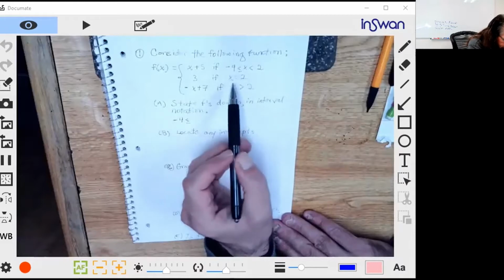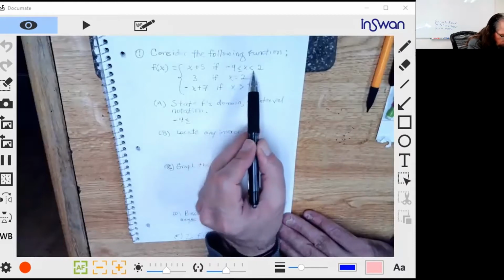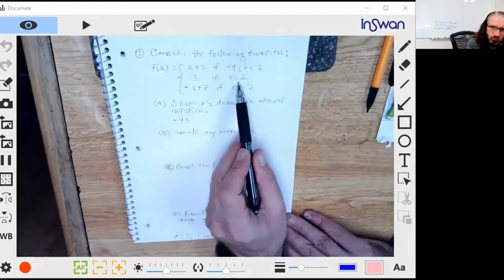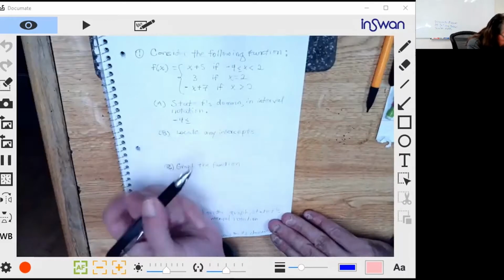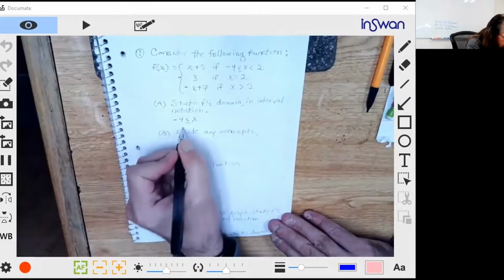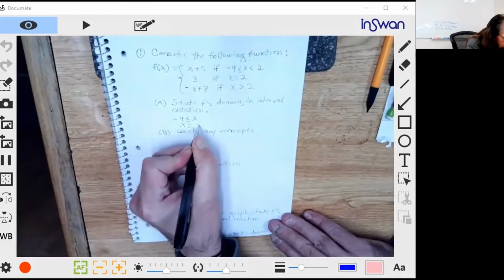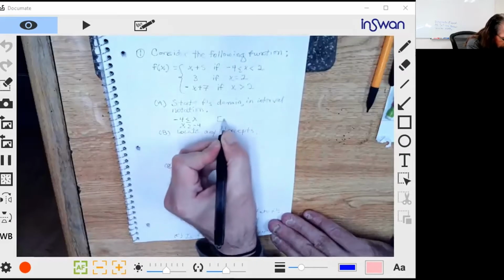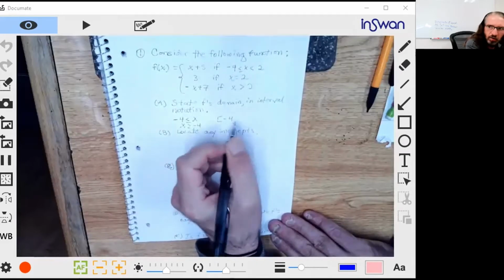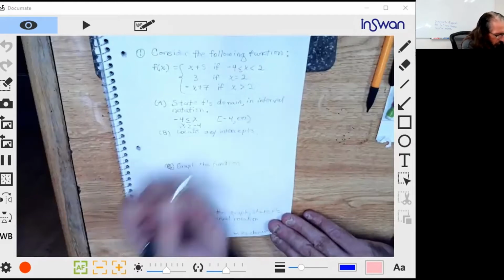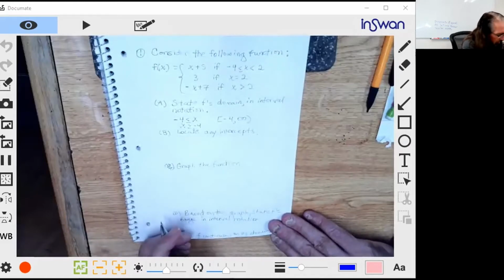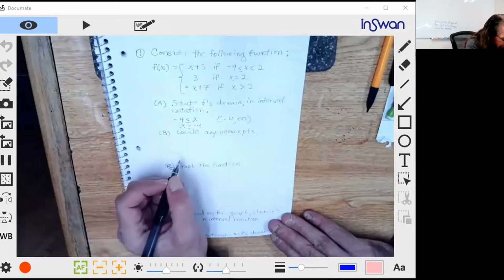And there was no or equal to with the 2, but it gets included here. And then in the third interval, you keep on going. So we've got x greater than or equal to -4, which in interval notation, we'd have square bracket at -4, comma, infinity, with parentheses at the right-hand end.